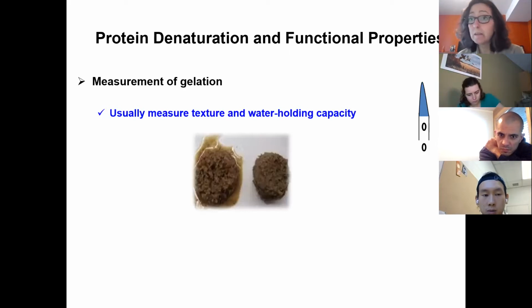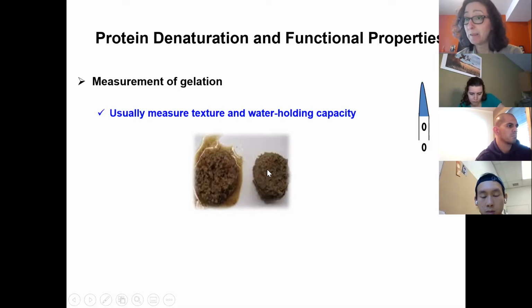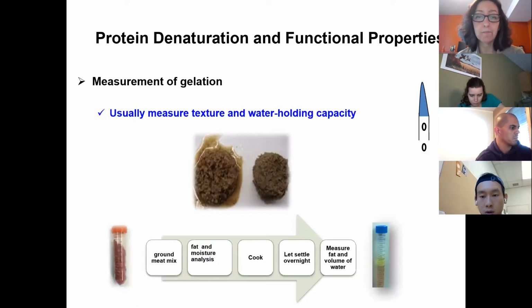This is an application: a beef patty and a beef patty supplemented with whey protein. When we supplemented the beef patty with whey protein, we got more water holding capacity. We enhanced gelation, we enhanced holding of water. We got less syneresis. If you want to determine water holding in an actual product like meat, we can do that.